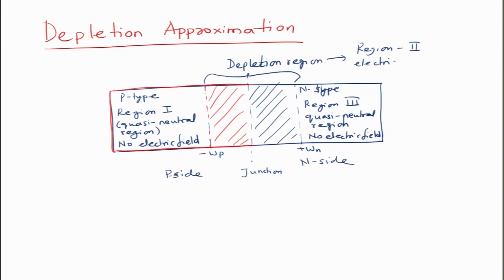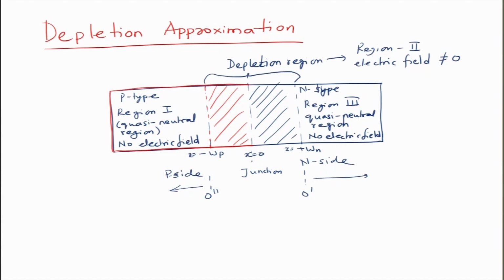So, electric field is not equal to 0, okay. So, this is what we have here. So, this is at x is equal to 0, this is at x is equal to minus Wp, this is at x is equal to Wn, and you can either change the origin from 0 prime, 0 double prime, or you can keep the same origin, just that you have to change the limits.